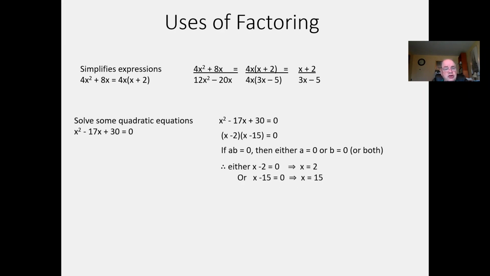So we can say, maybe the first factor is 0, x minus 2 is 0, or maybe the second factor is 0, x minus 15 is equal to 0. And that gives us two solutions, and both solutions will work in that equation. If you try 2 or 15 in the original equation, x squared minus 17x plus 30, you will get 0. Both are, in fact, legitimate solutions.